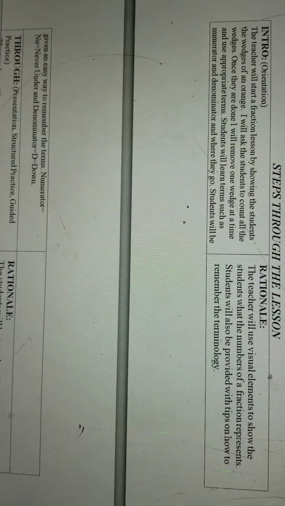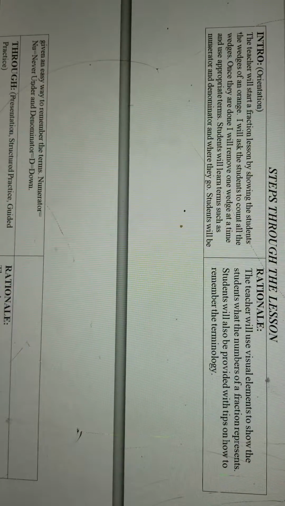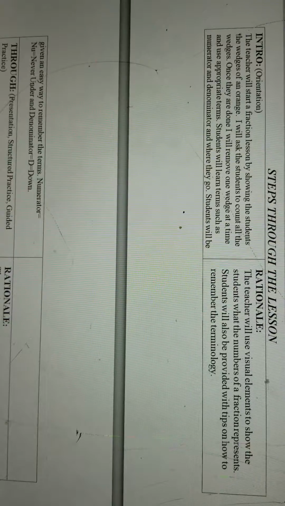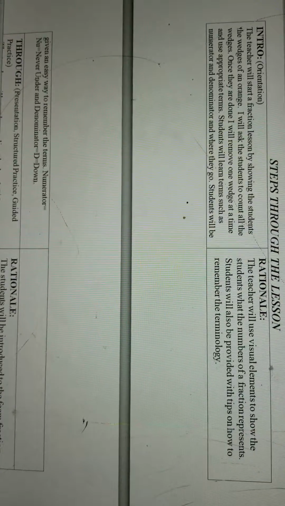Students will be given an easy way to remember the terms. Numerator starts with NU, so never under, and denominator starts with a D, which will be the word down, and this will be a guide as to where the numbers go.